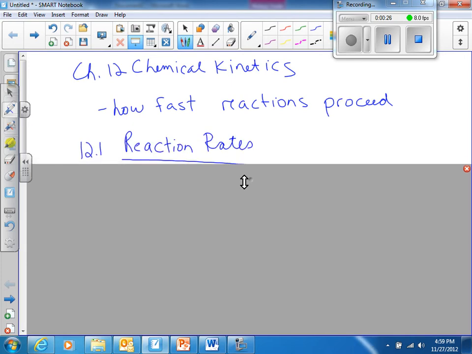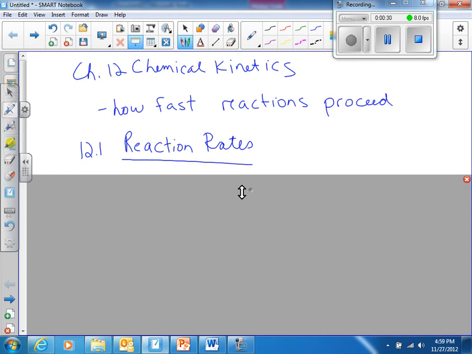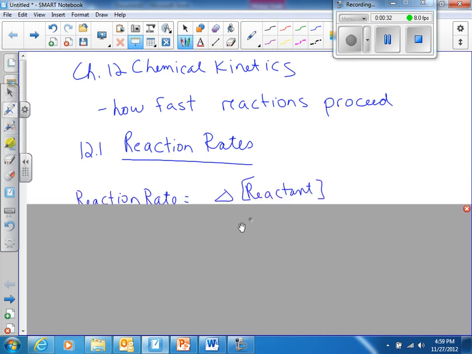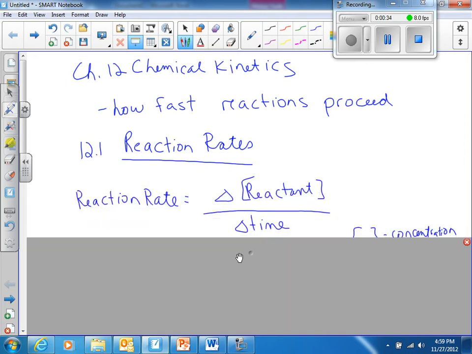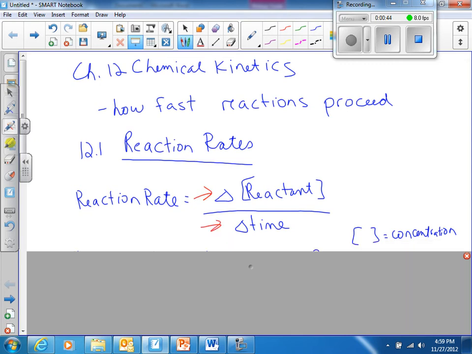We will start with section 12.1 and just learn about what we mean when we say reaction rates. So a reaction rate is the change in a reactant concentration over the change in time. Now recall that these brackets here just mean concentration.